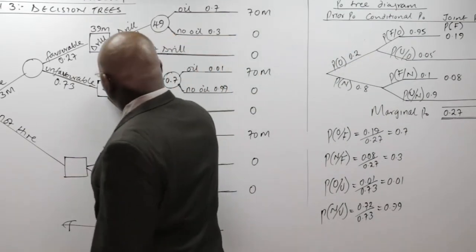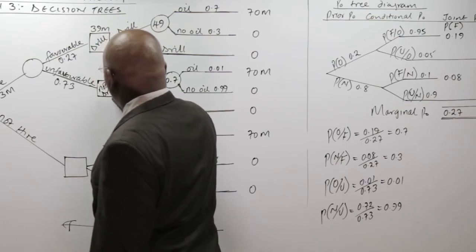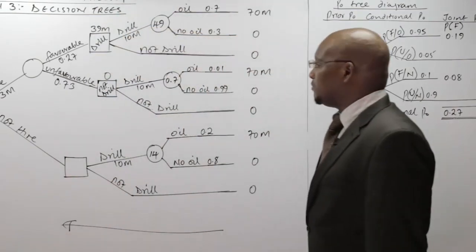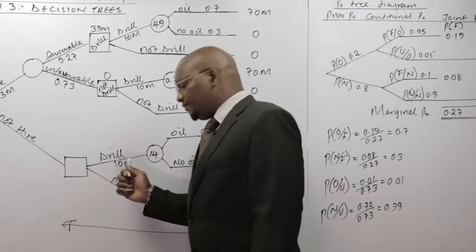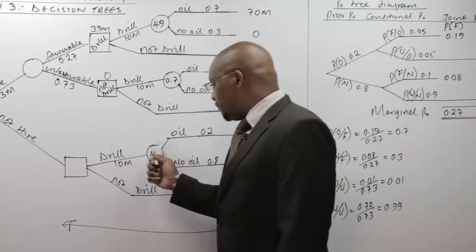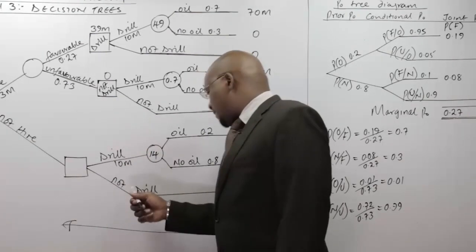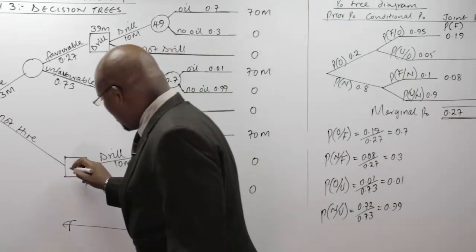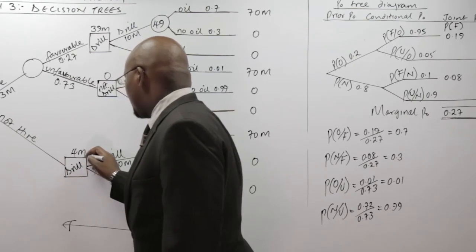And therefore here, not drill, so that you can make a 0 here. Nothing to make there. Here, if we drill, we make a net profit of 4 million. But if you don't drill, we make 0. You'd rather drill. So here we are going to drill so that you can make the 4 million profit.